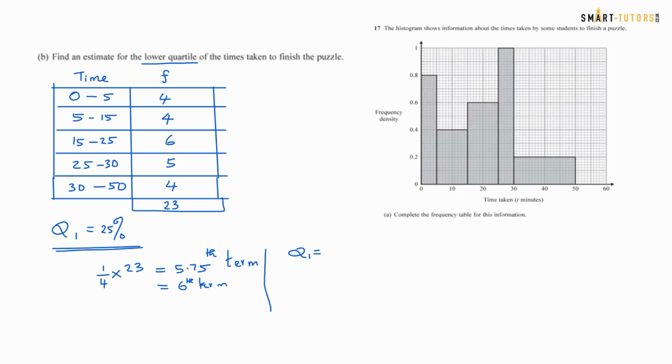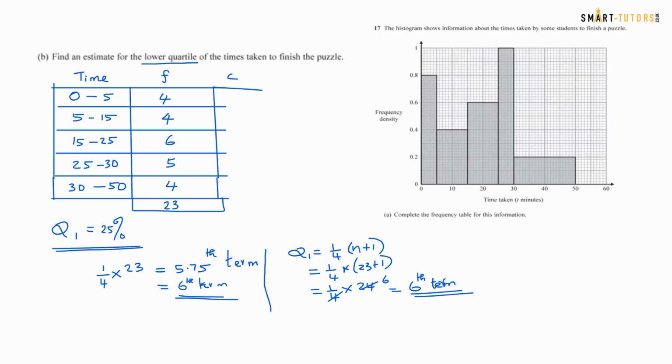Some of you may have studied an equation for Q1: 1 upon 4 times n plus 1, where n is 23. So 23 plus 1 is 24, and 1/4 times 24 gives 6. In that way also you will find the 6th term. So the 6th term is the answer for the lower quartile.